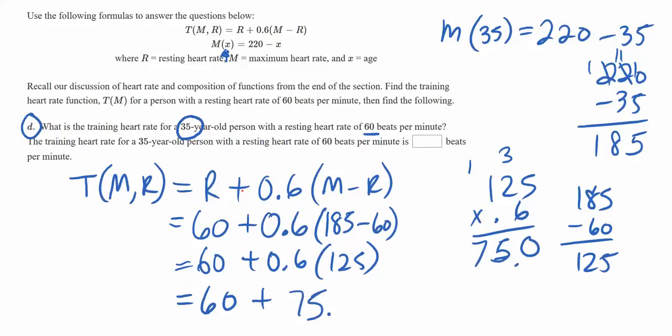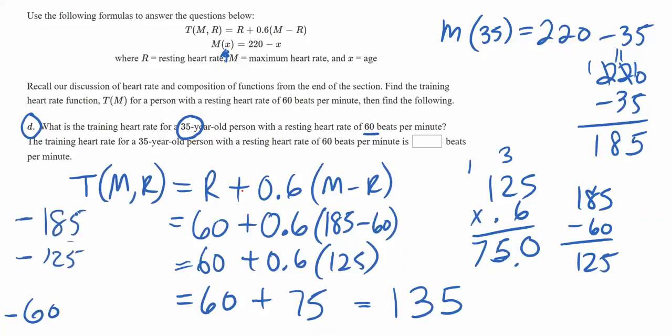Added that together, how about 135? And again, that kind of makes sense here. Resting heart rate is 60. The maximized heart rate is 185. So training is, no, sorry, 135. That's what we want to get to here.